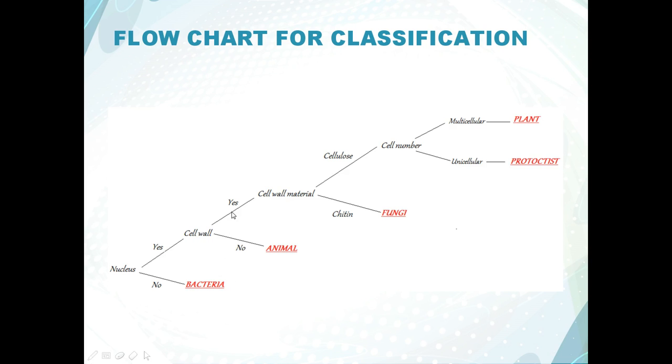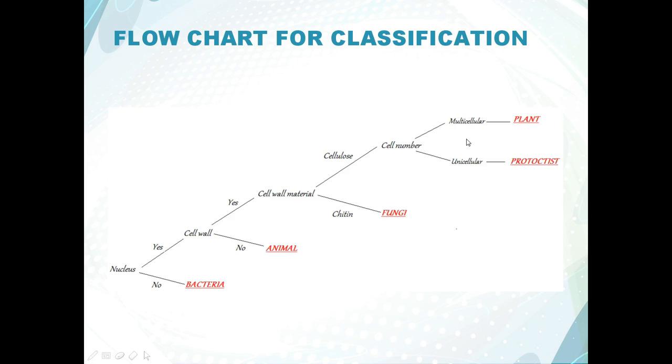If it does, then you once again move on and ask, well, what is the cell wall made of? If it's made of a substance called chitin, then you've got a fungi cell. If it's made of cellulose, then it can either be a plant or a protoctist. The only thing that really differentiates between these two is whether it's a unicellular or a multicellular organism.